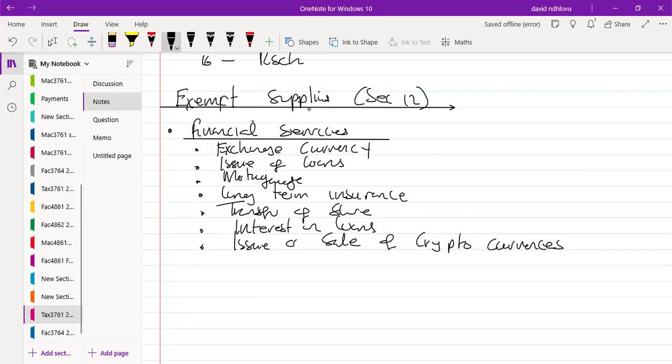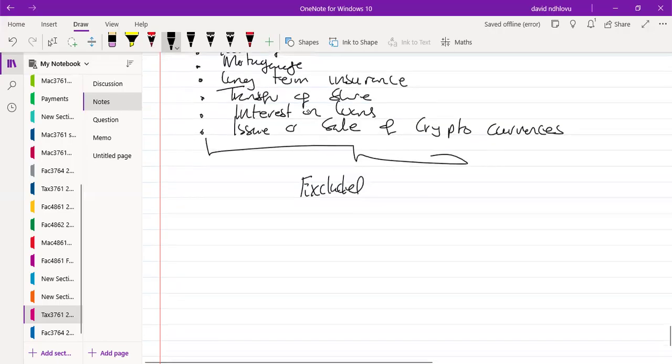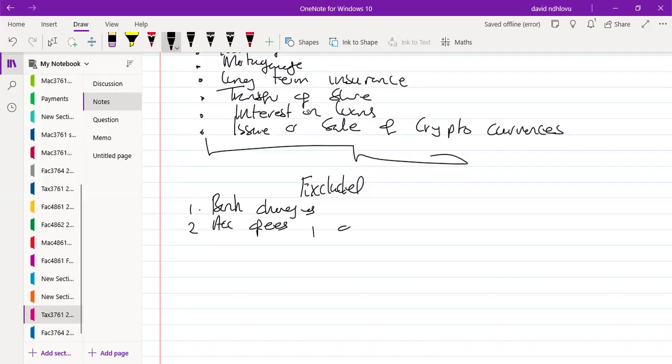Then we also have items excluded here from financial services. These items, such as bank charges, account fees, deposit fees, are not financial services.